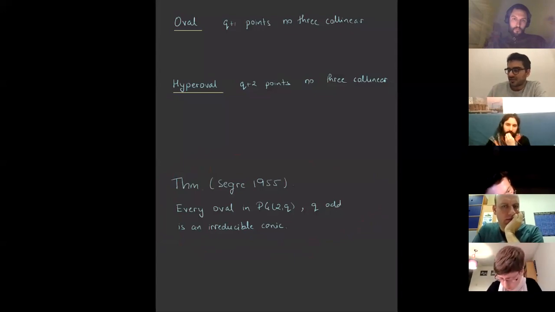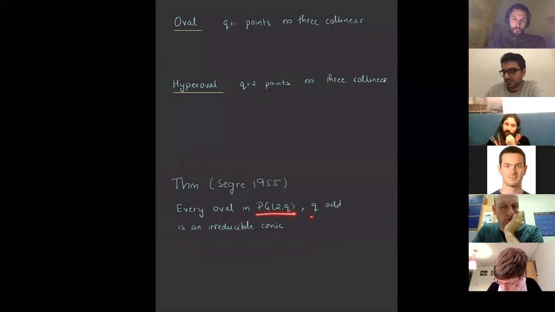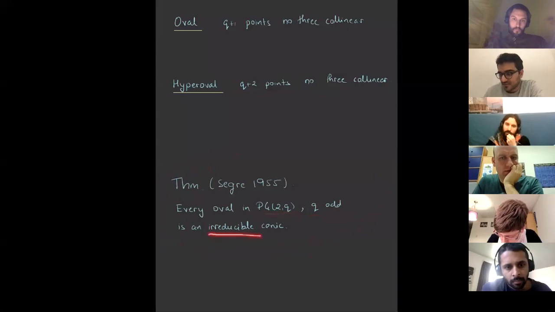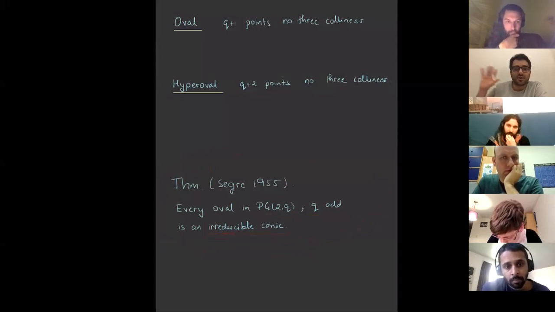It shows that if you take any set of q plus 1 points, no 3 collinear, in PG(2,q), with q odd, then it must come from an irreducible conic. You can't have any other crazy examples. So not just are these extremal examples, but these are all the extremal examples out there.